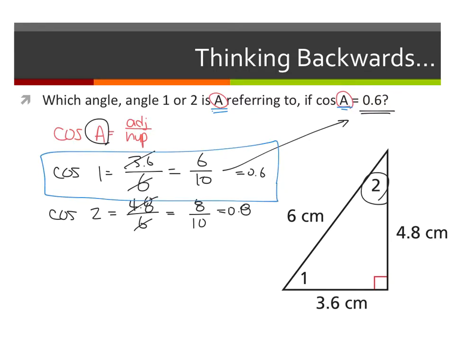Now, you can see how doing this kind of guessing game, plugging in the angles and seeing what the ratio actually matches up to, might get cumbersome. So here is our really powerful but really helpful set of ratios that we can use, and these are called the inverse trigonometric ratios.